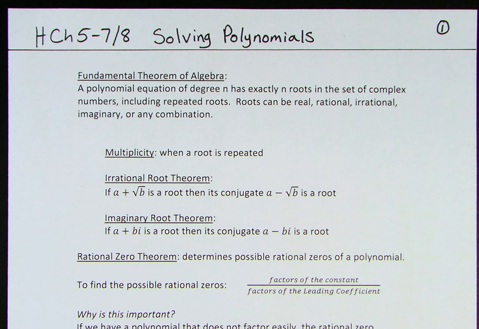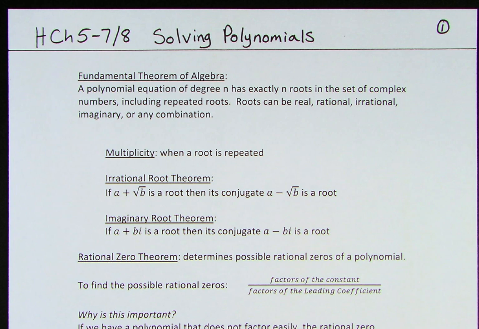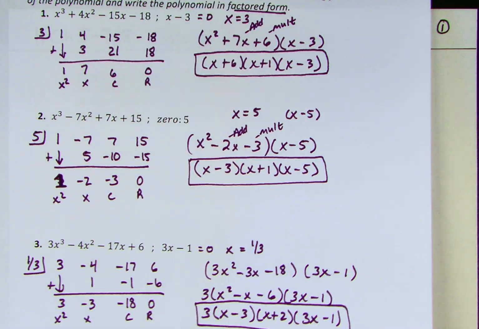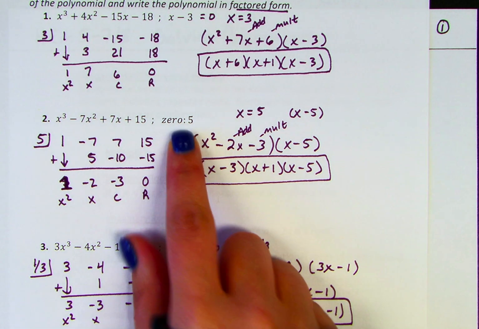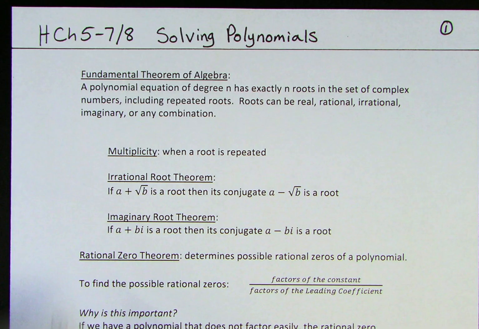Okay. And then our rational zero theorem determines possible rational zeros of a polynomial. So this part is new. What we're going to talk about in this next section is how to actually come up with this zero or factor. In our previous section, we were given that.